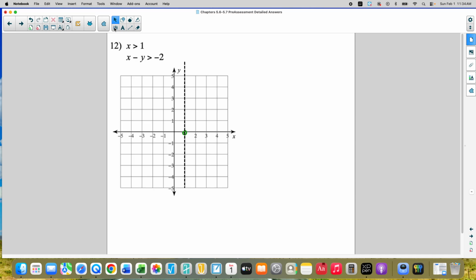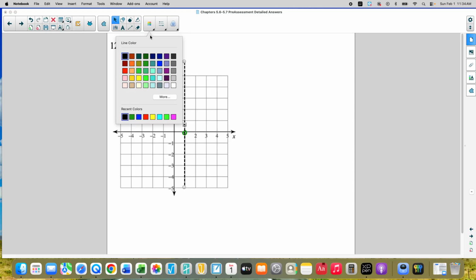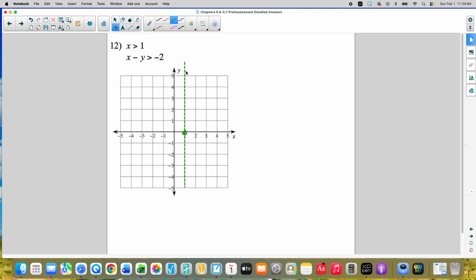That needs to be green. And we'll put some arrows. We can still test the point 0, 0. We're just going to only use our x value. Is 0 greater than 1? No, that's false. So we're going to shade away.